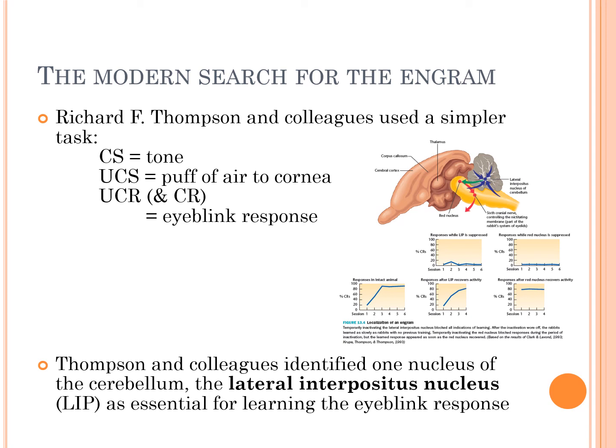I'm never showing the acquisition curve. I'm never showing any learning. What's being shown in the figure underneath is after, so now the lateral interpositus nucleus is back in play. The chemical's worn off, the cooling's worn off, and I can use my lateral interpositus nucleus, and they do the same thing of giving the tone, boop, and a puff of air.